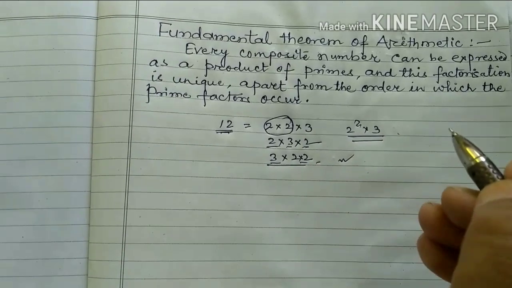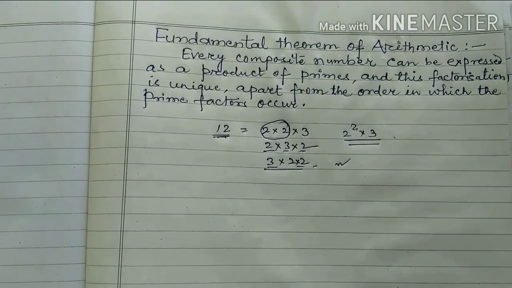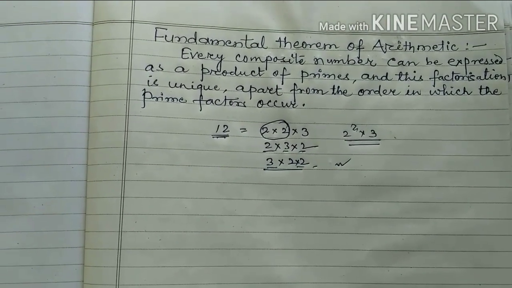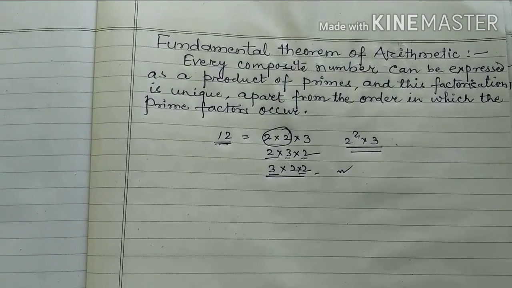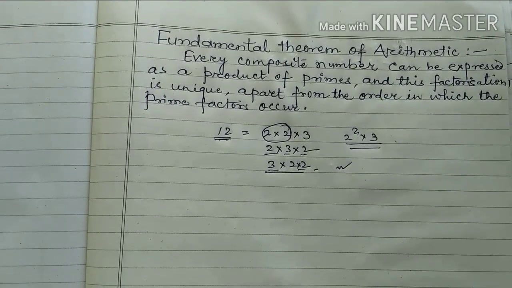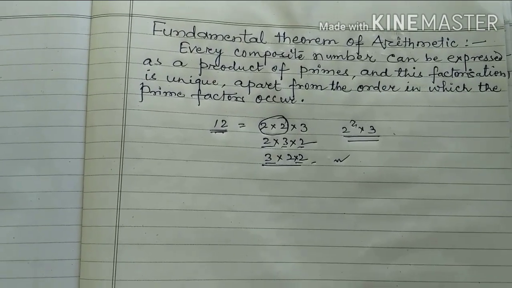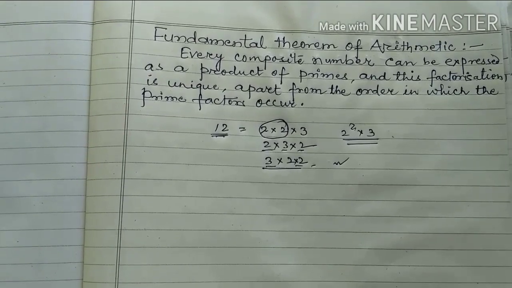And this theorem allows us to find the prime factorization of any number and to find HCF and LCM of any two or more given numbers with the help of the prime factorization method.